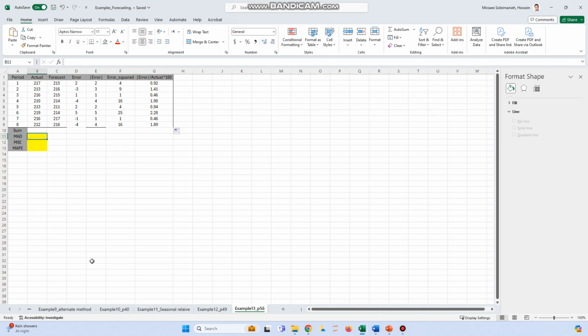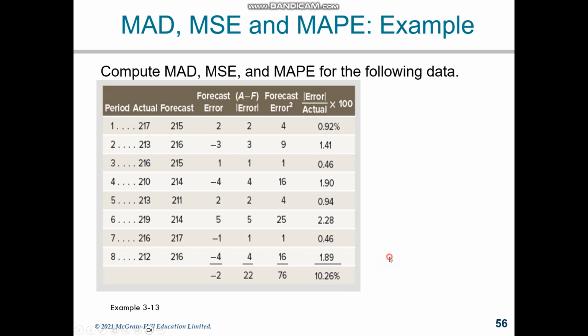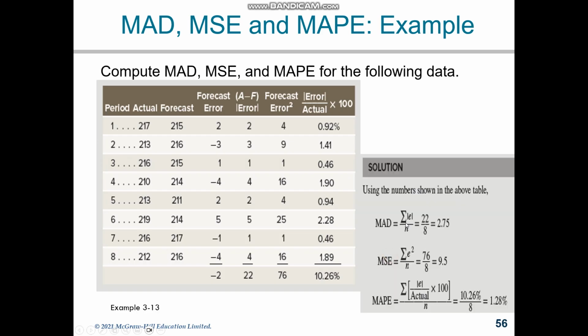For MAD, we need to use this formula, summation of absolute value of errors divided by n. For MSE, we need to use summation of error squared divided by n, and for MAPE, we need to use this formula.